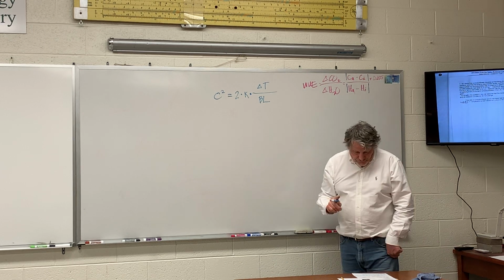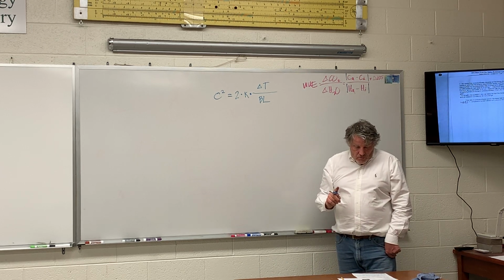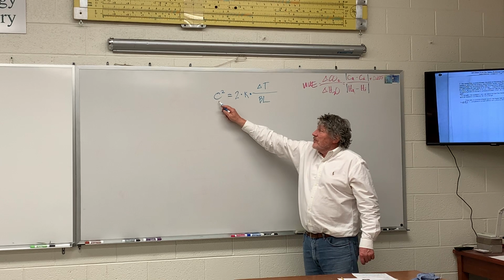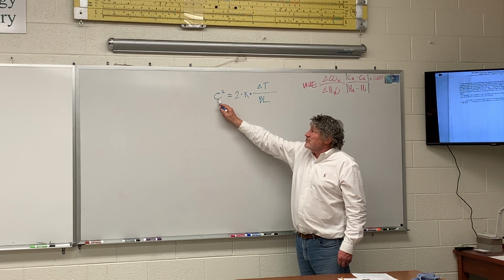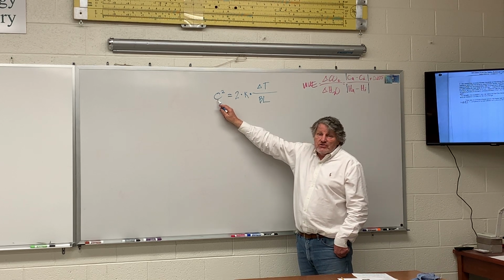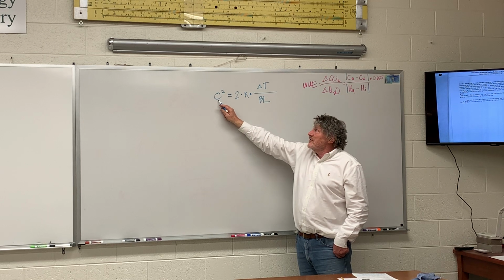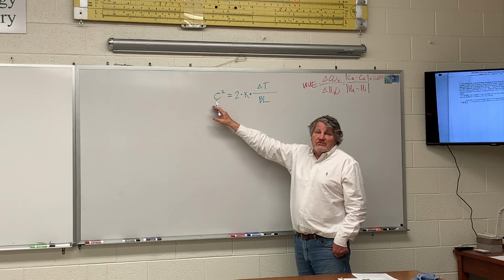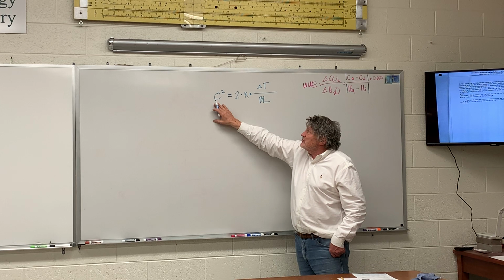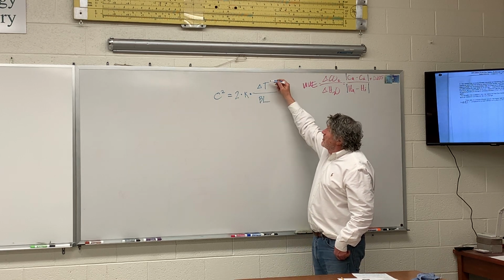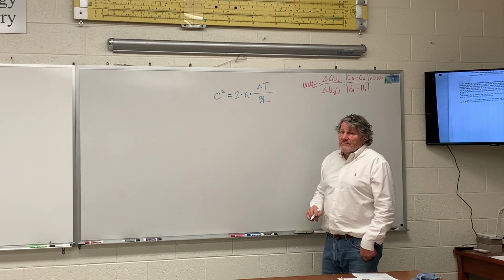So once we figure out how much energy is going into photosynthesis, we have the change in conduction and convection. It's how much energy it has to give off, and once we know this, we can rearrange this equation to solve for delta T.